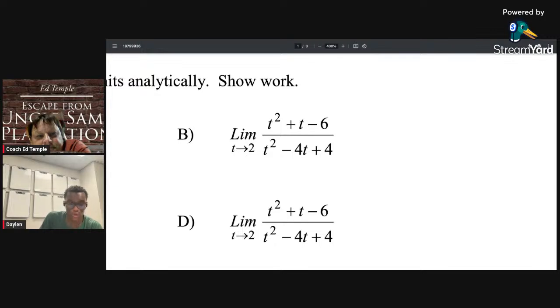You only have two options. Negative 2 and negative 2. So it's going to be t minus 2 times t minus 2 on the bottom. What are we going to assume is on the top? t minus 2. That's right.